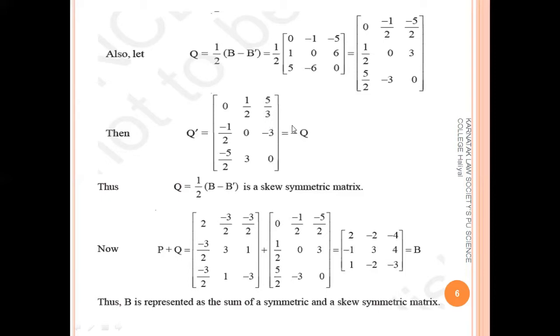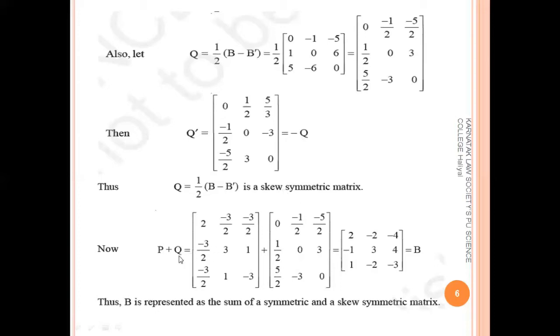You observe that? There plus and here minus. Sometimes in Q dash it is positive and in Q it is negative. So if you take minus as common, you will get exactly the Q matrix. That's why Q dash is equal to minus Q. Therefore, Q is equal to 1 by 2 of B minus B dash, a skew symmetric matrix.